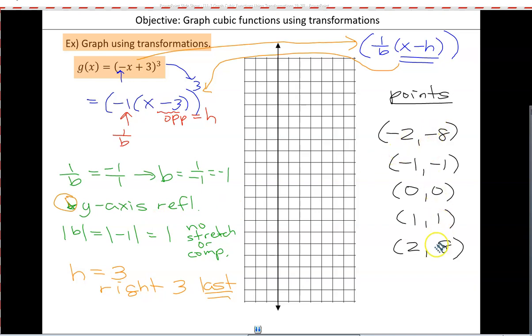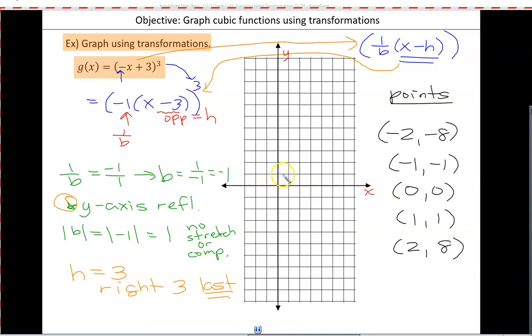So those are actually going to stay exactly as they are right now. So I'm just going to put my x-axis in the middle. So now my scales. There's really no reason to change any scale because my numbers are all going to stay relatively the same. They're just going to change signs and get 3 added to them in some cases. So I'm going to use scales of 1 unit for both.